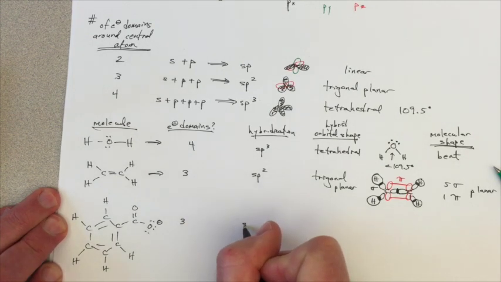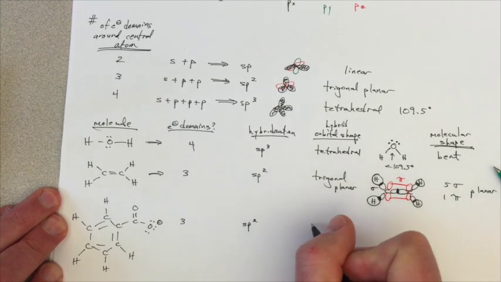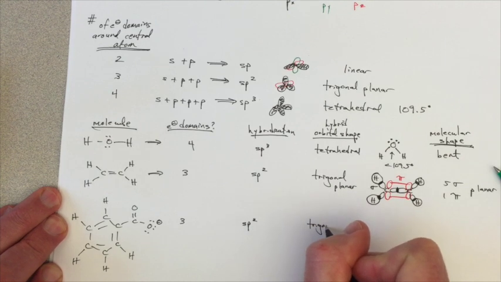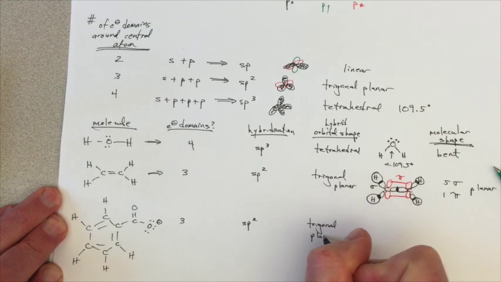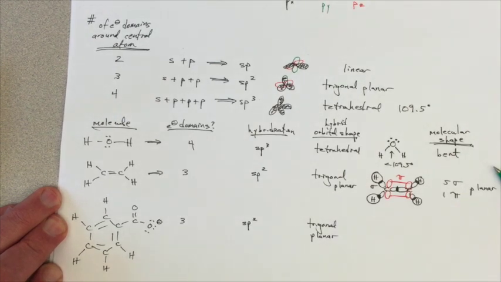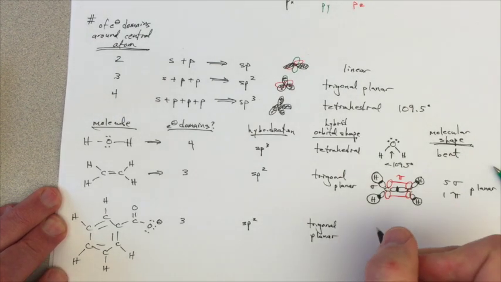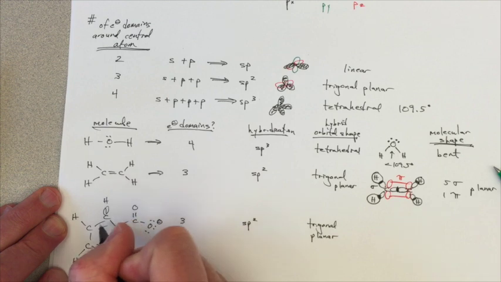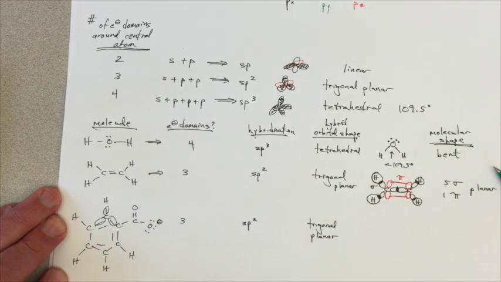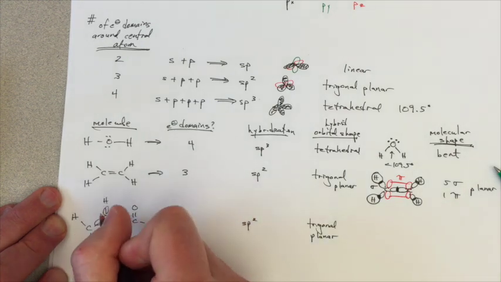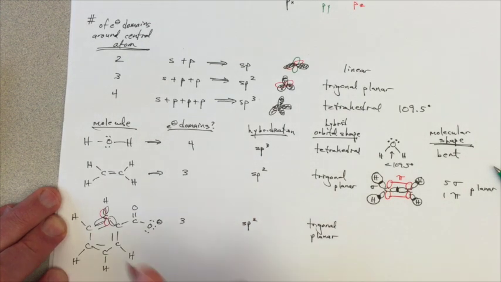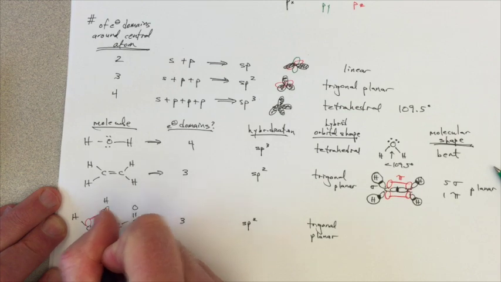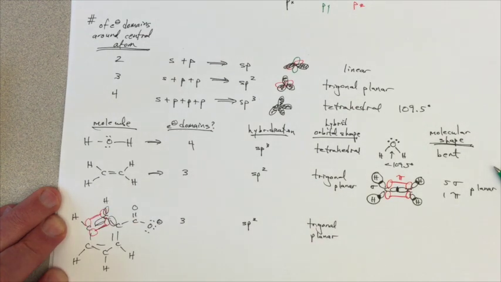The hybridization, sp2, trigonal planar, and we can think of the shape of this as being a planar ring, right? Each carbon is existing in a trigonal plane, has an extra p orbital that's forming a separate pi bond.